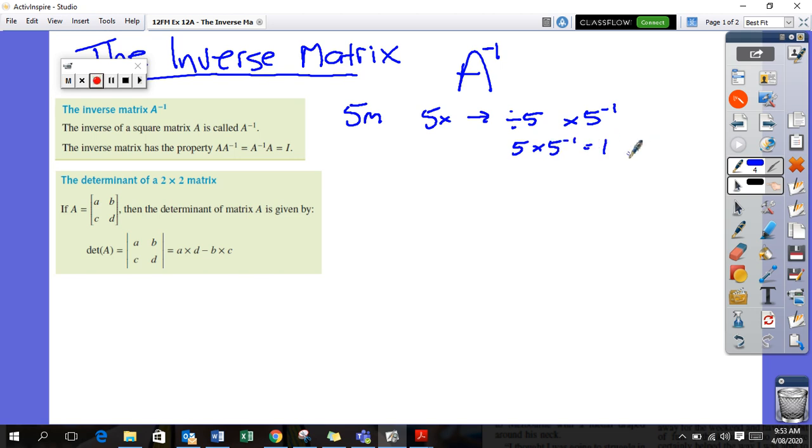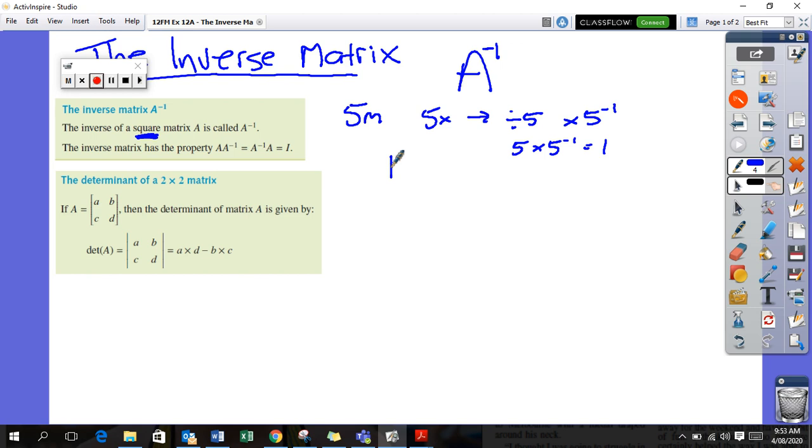that's equal to 1. Similarly with matrices, if we have a matrix A, it has to be a square matrix. It's really important, and it can only work for square matrices. If we have a square matrix A, then we can find a matrix A to the power of -1, so that if we go A times A to the power of -1, it equals the identity matrix.